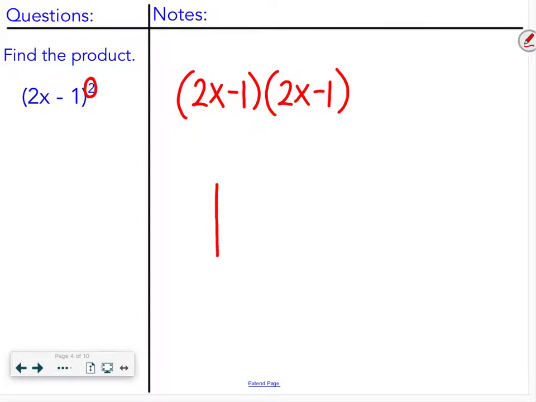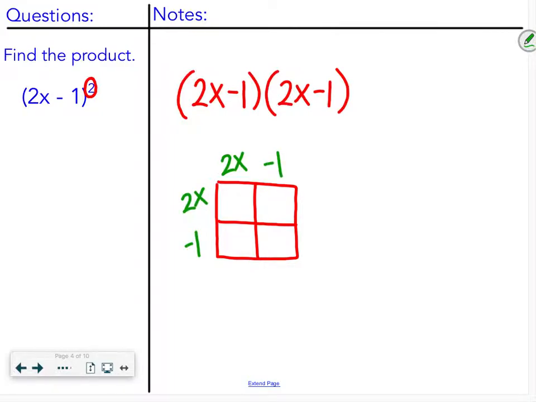All right, one more of these before we get to our shape problem. This time it starts out a little different. We just have one parentheses, but notice that it's squared. We know that something squared can really get written twice, so now it looks like all the problems we've done so far. It's 2x minus 1, and again 2x minus 1.